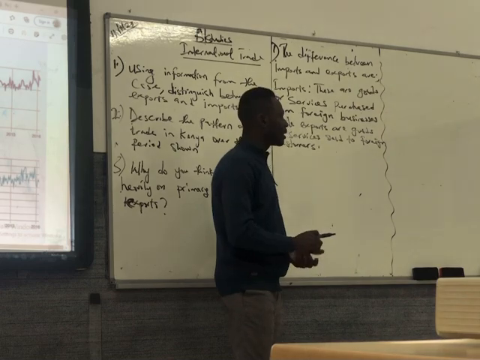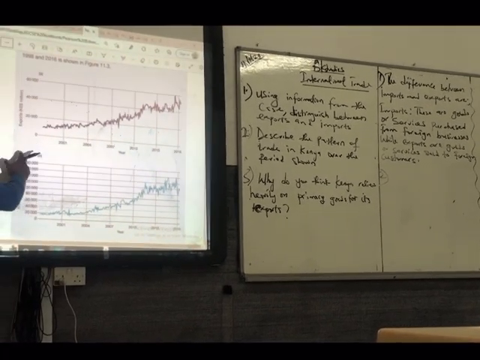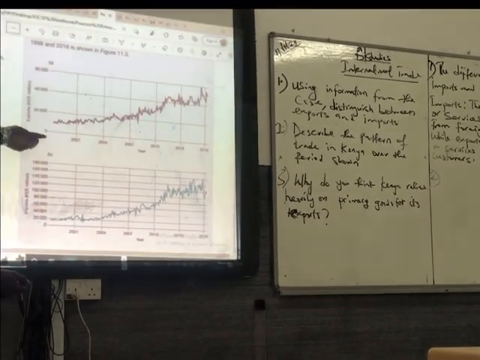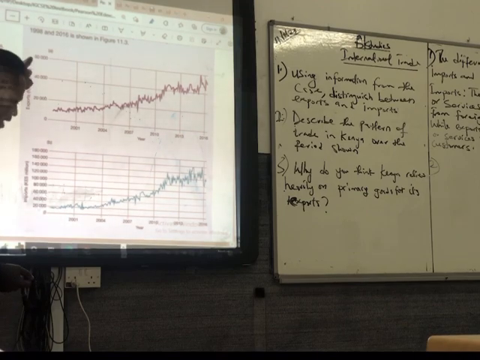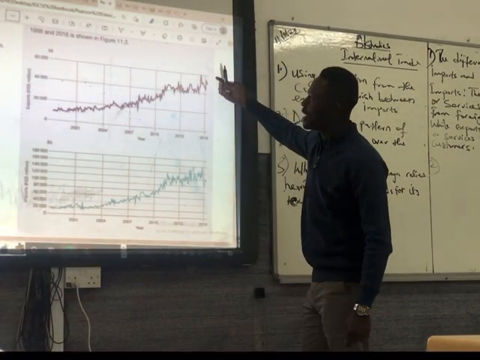Clear, right? Let's see what we notice here. In terms of exports, from 2001 to 2016, the total exports of Kenya is around 60,000 KES, right?